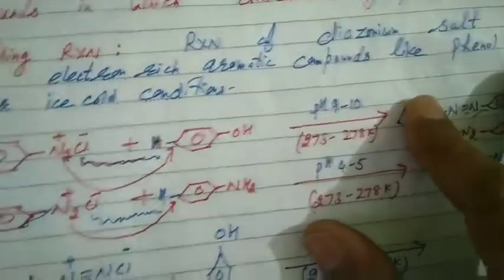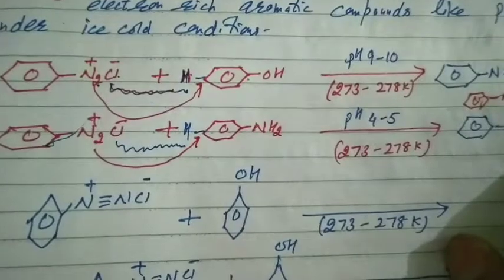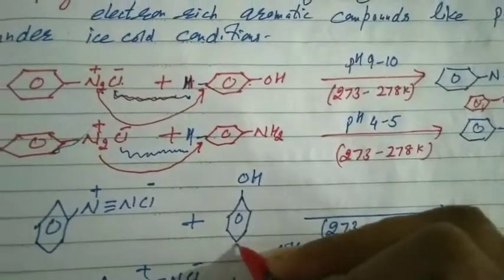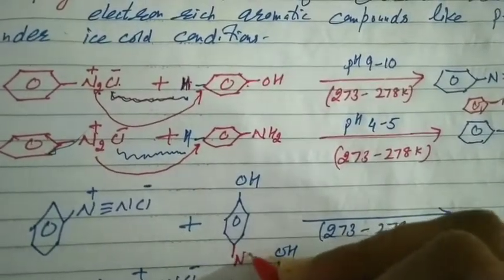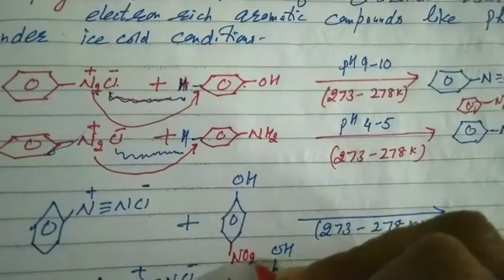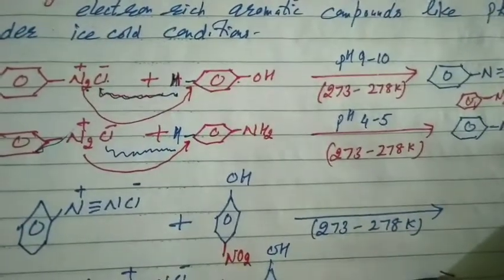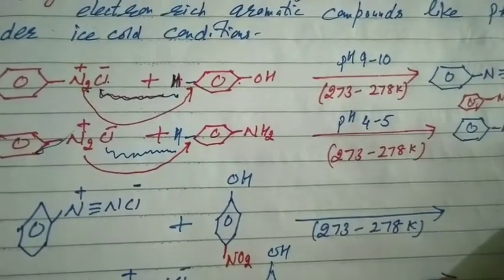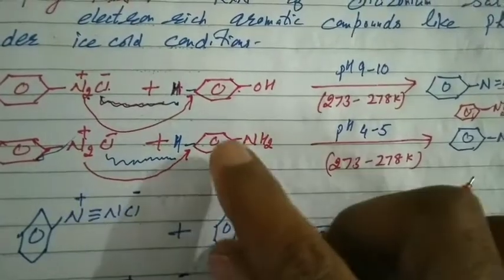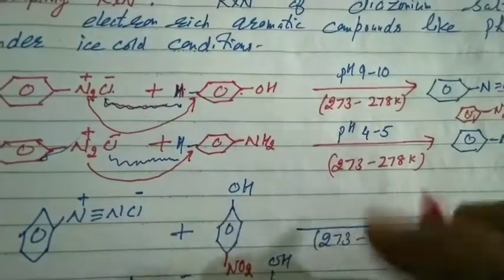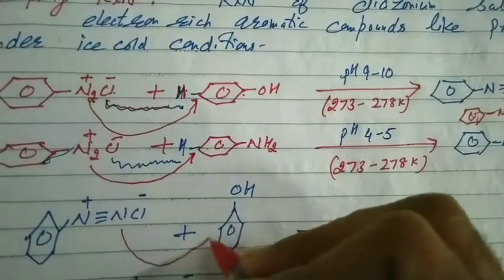Coupling takes place at para position. Students, if para position is blocked, suppose I mention here a NO2 group, then coupling takes place at ortho position. Phenols are ortho and para directing. First preference to para. If para is blocked, then it will take place at ortho position.